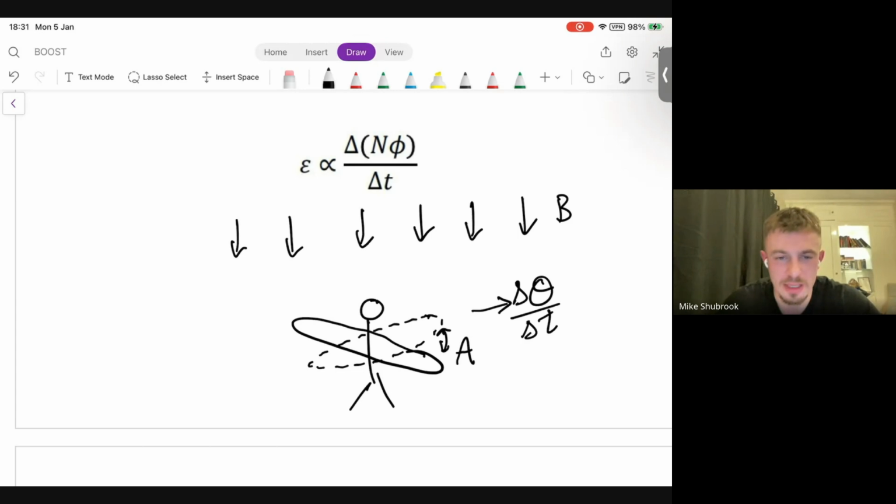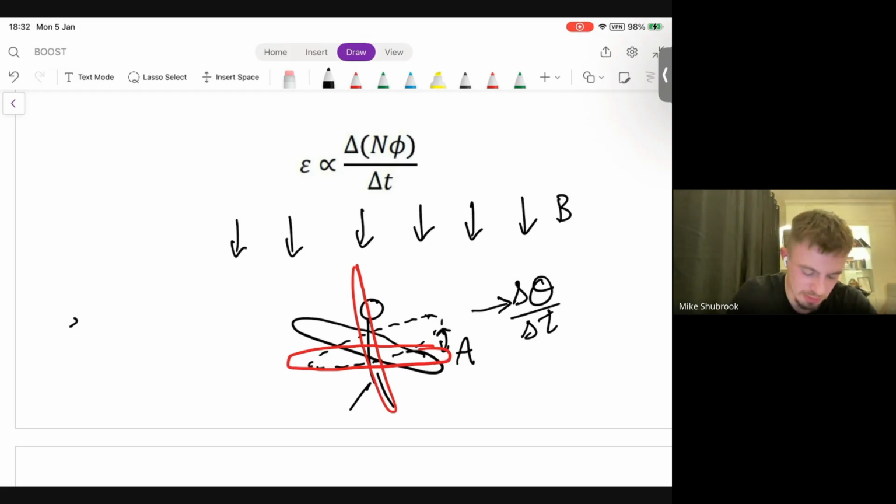And when this is the case, the flux is changing too. Because imagine at one instant in time, my hula hoop is going to be in that position where there will be the maximum amount of flux. And then maybe I can get it all the way up here where barely any rain is now falling through that hoop. So there's going to be a minimum amount of flux.